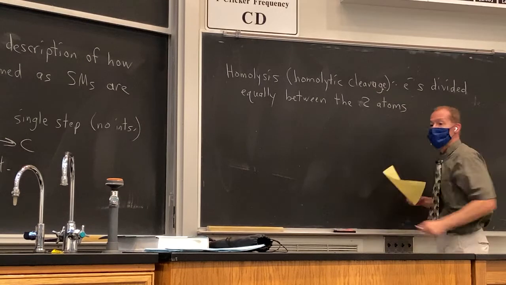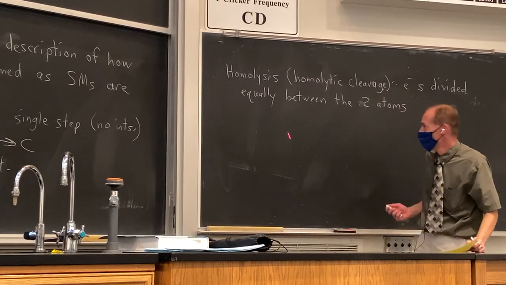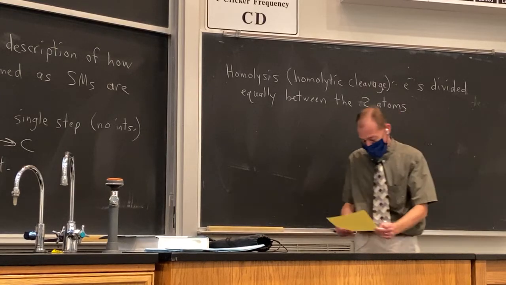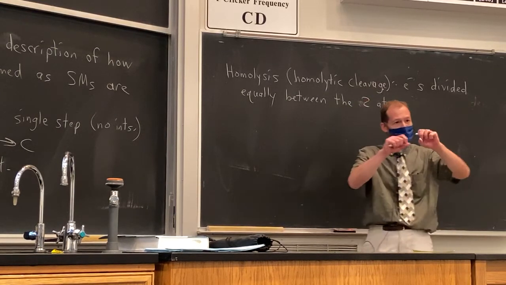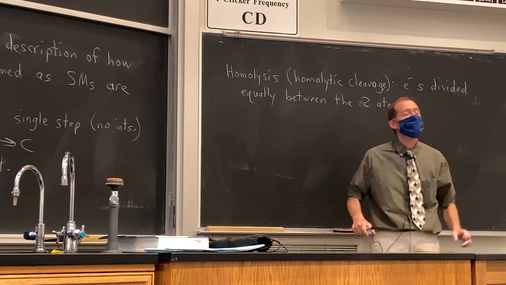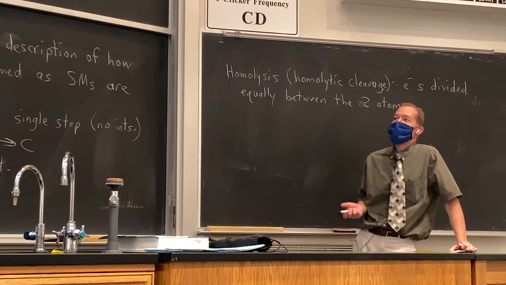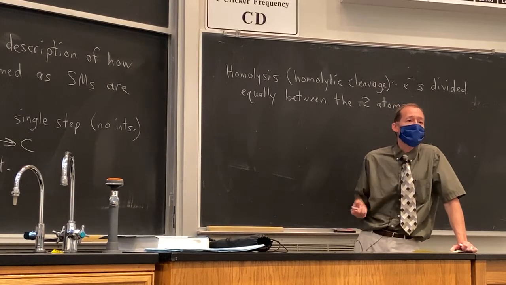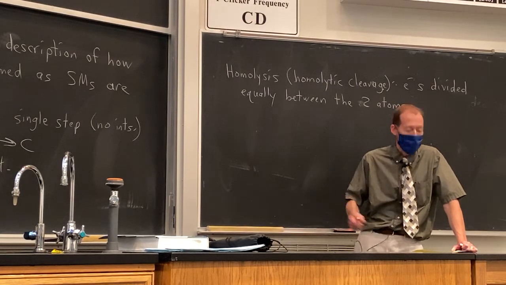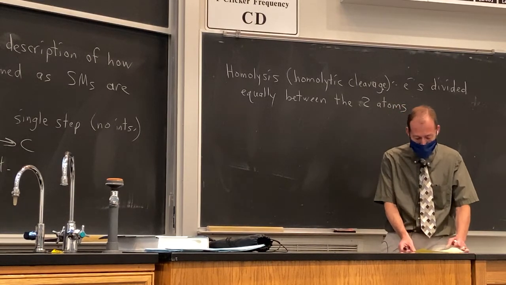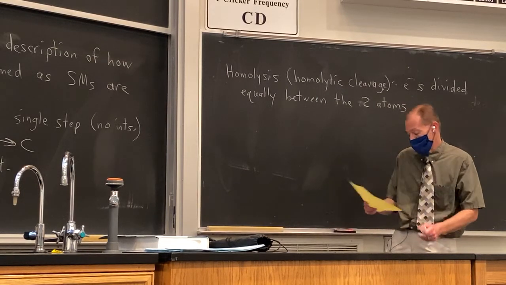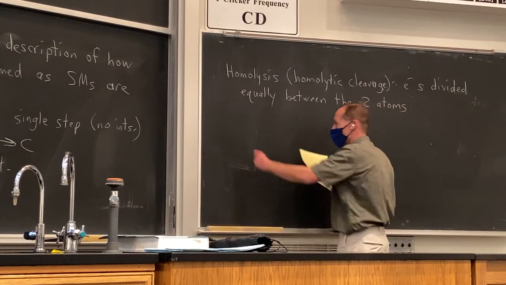So in a homolysis, one electron in the bond goes to one atom, the other electron goes to the other atom, and so we form intermediates with unpaired electrons. Those intermediates with unpaired electrons are known as radicals. We'll talk a little bit more about radicals in a moment, and we'll talk about them in more detail in the last chapter of the semester, chapter 15.